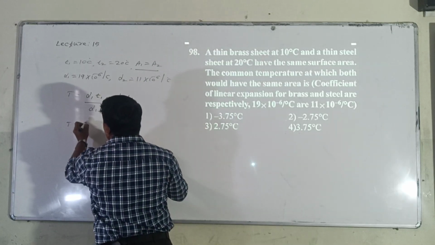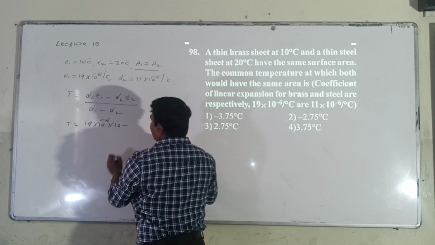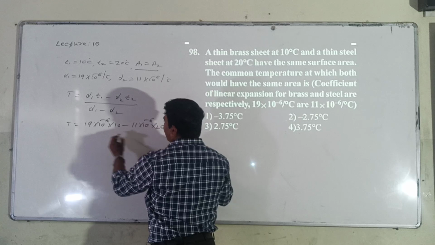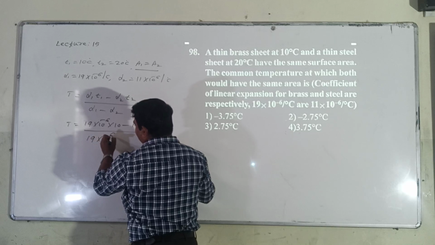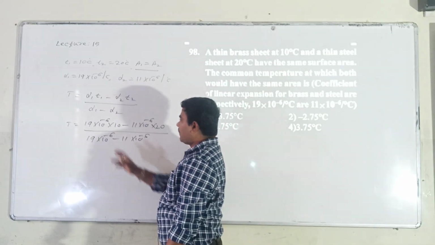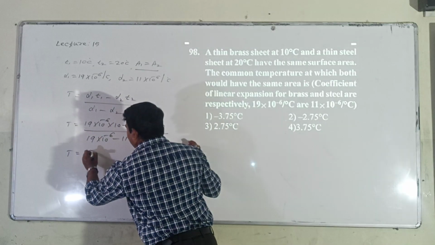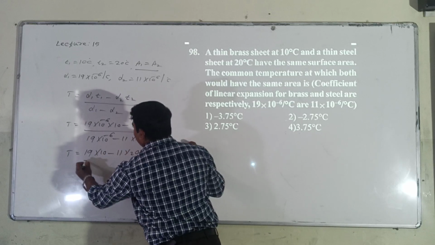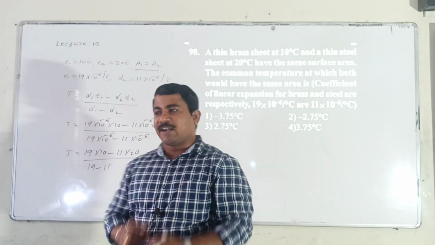Alpha 1 is 19 into 10 raised to minus 6 into T1, 10 degrees, minus alpha 2, 11 into 10 raised to minus 6, into T2, 20, whole divided by 19 into 10 raised to minus 6 minus 11 into 10 raised to minus 6. Minus 6 is common to both numerator and denominator. The remaining values are 19 into 10 minus 11 into 20, whole divided by 19 minus 11. Right? Just go for calculation.